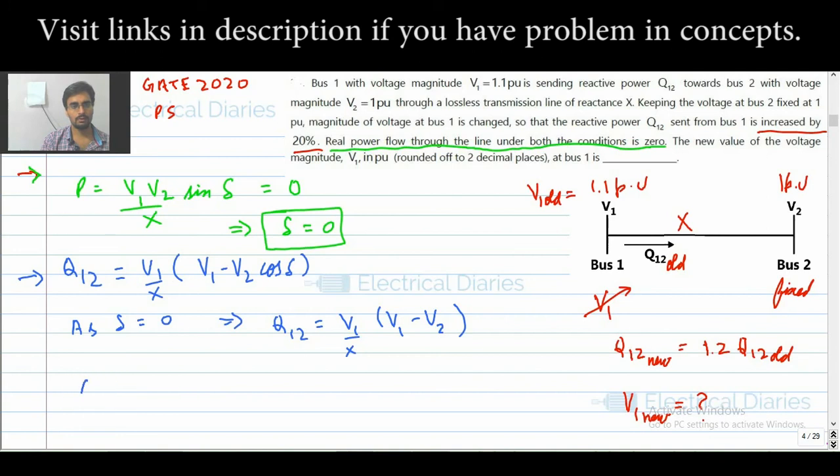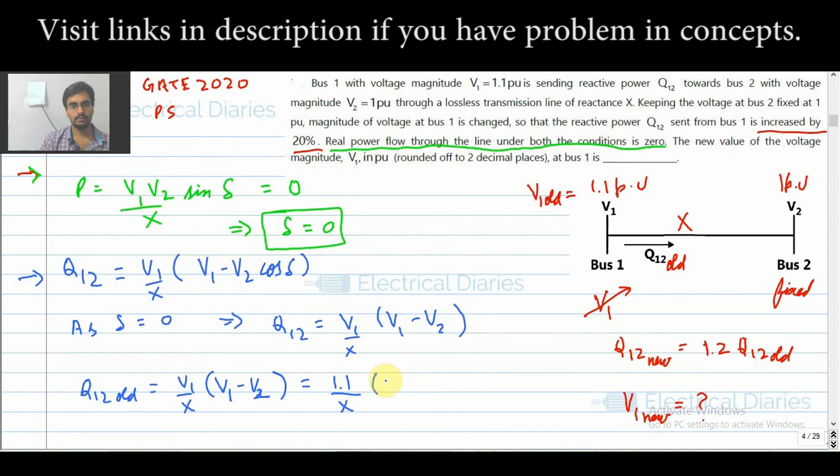Now Q12 old is V1 by X times V1 minus V2. V1 is 1.1, and X is not given.